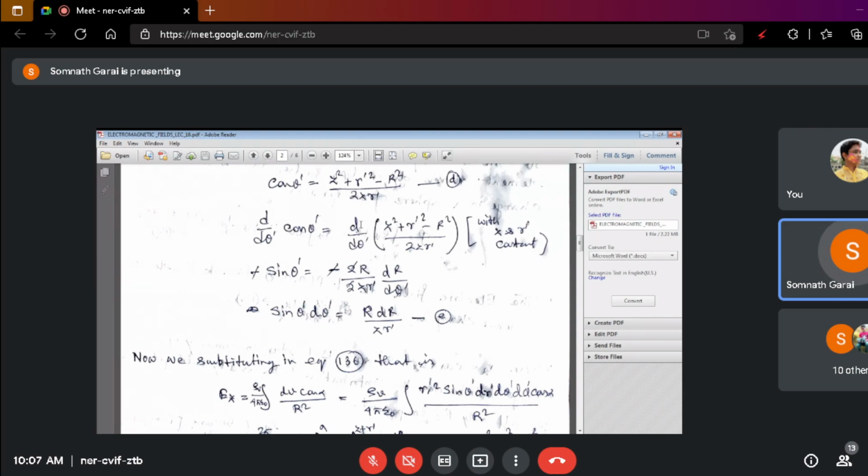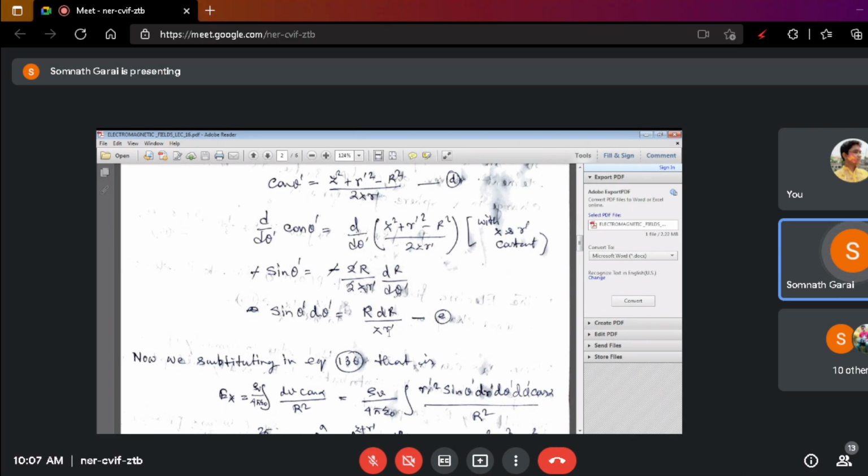Now, if we take d by dR of that, the part z square plus r dot square divided by 2z r dot is constant. So we only differentiate minus R square. So d by dR of minus R square is minus 2R divided by minus 2z r dot. Now 2 cancels out, minus cancels out. So here sin theta dot d theta dot is equal to R dR by z small r dot.